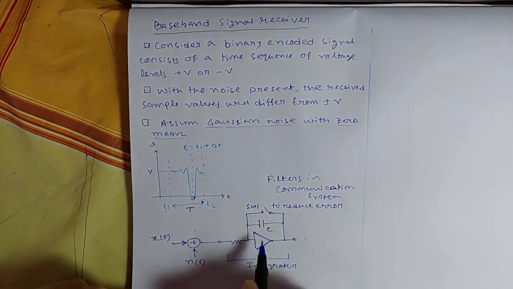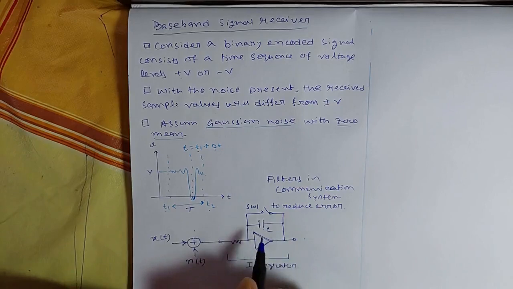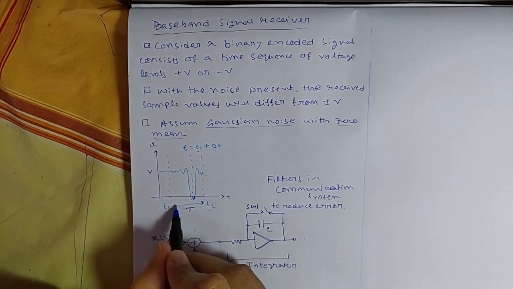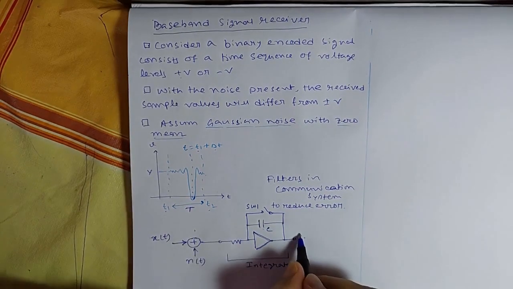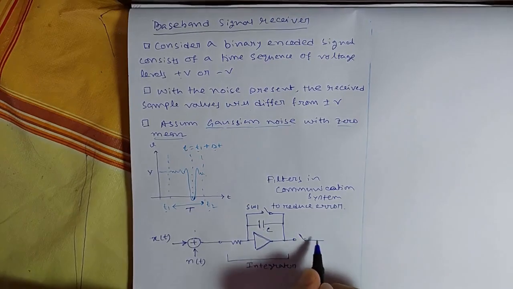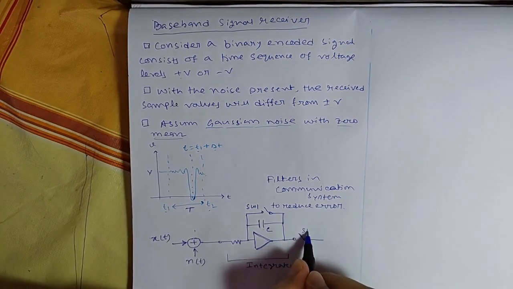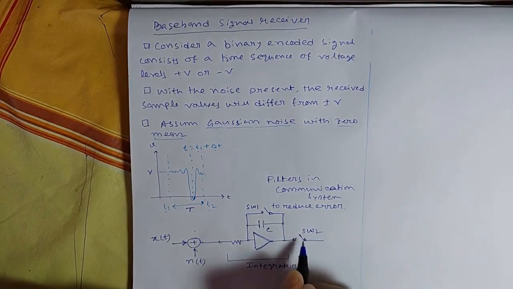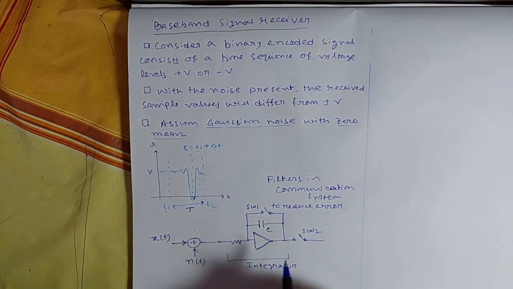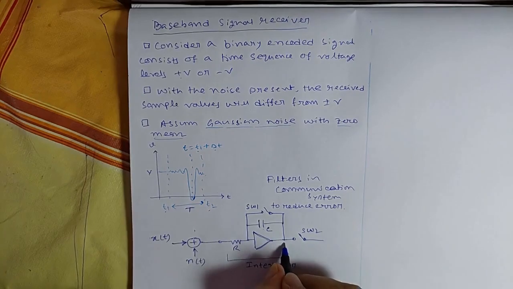And after this integration over the bit interval, that is time T, another switch, that is SW2, will sample. Now this output is y(t).